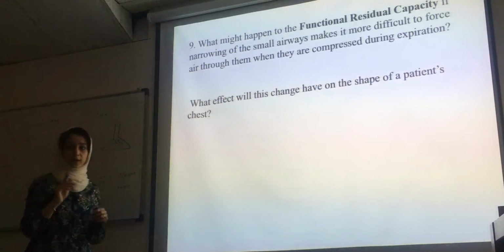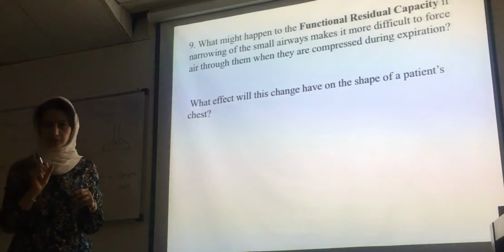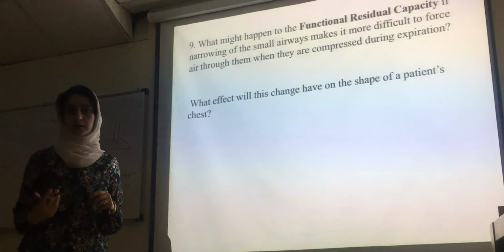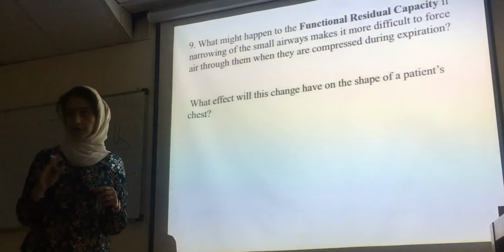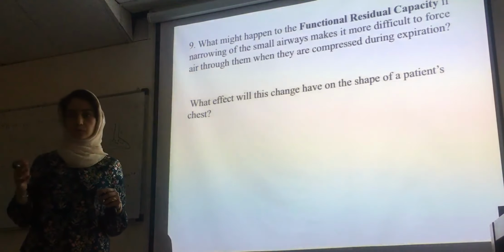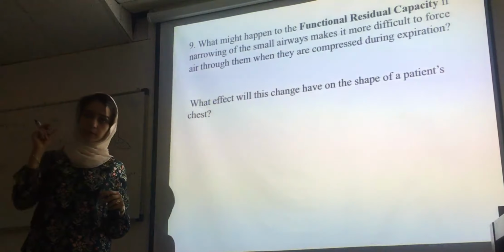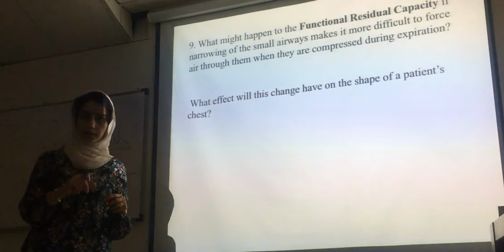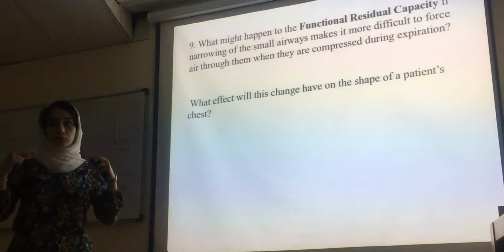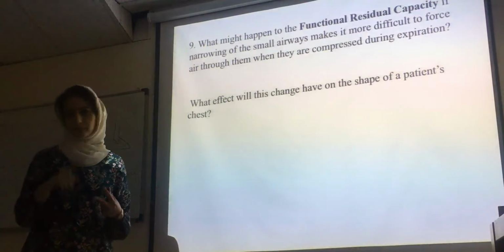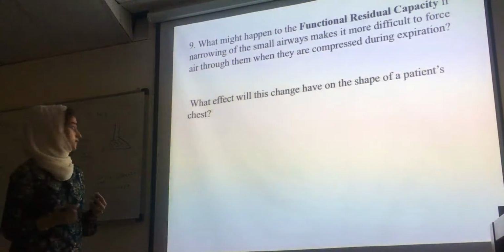Most of the time, we have problems during expiration in the small airway. During expiration, the flow is affected more. And in cases of asthma, COPD, and so on, when they put the stethoscope on the patient's back, they notice during expiration wheezing and other sounds.